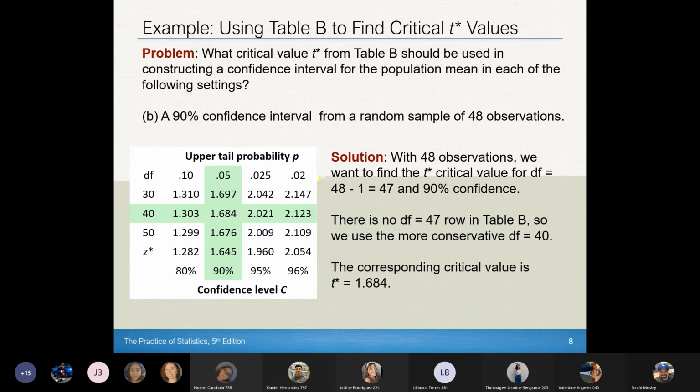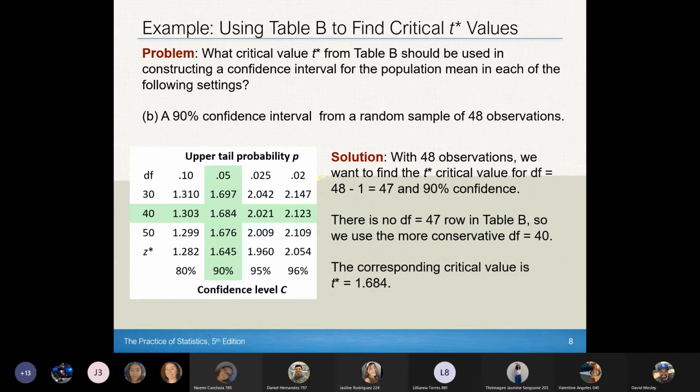All right, here's another scenario. We have a 90% confidence interval from a random sample of 48 observations. With 48 observations, we want to find the t star critical value for the degrees of freedom equaling 48 minus 1, which is 47, and 90% confidence.